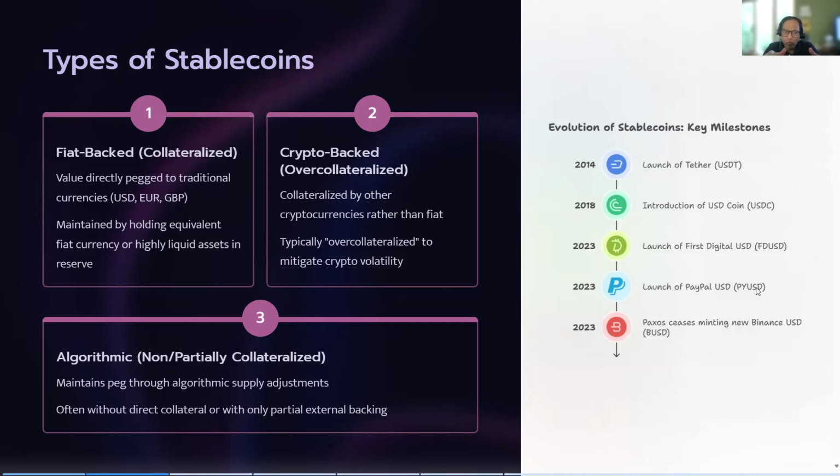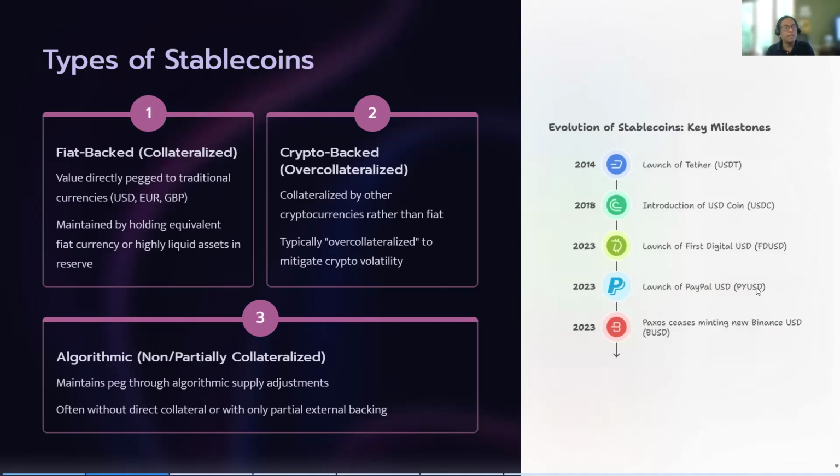We will get into more detail about the differences and which one is valid based on the current law passed in the US. For now, we'll just go through the different types of stable coin: fiat-based stable coin, crypto-based stable coin, and then the third one, which companies are still coming up with. There are some successes and some failures. It is the algorithmic-based stable coin. It is not based on any real world asset or any crypto asset.